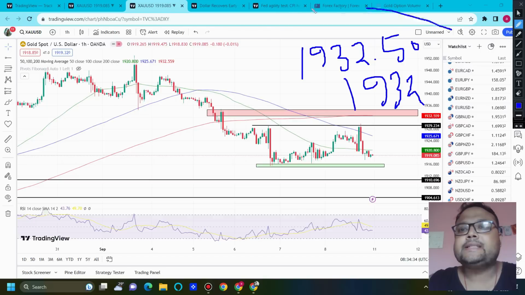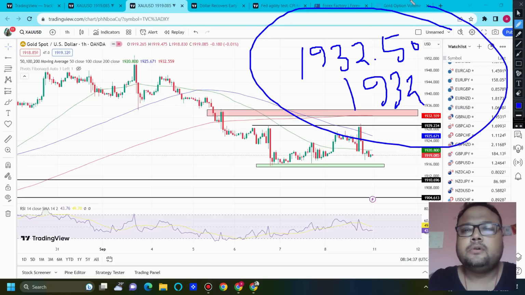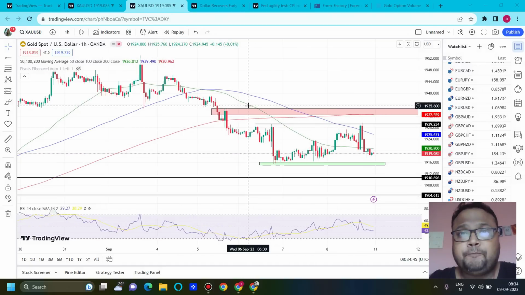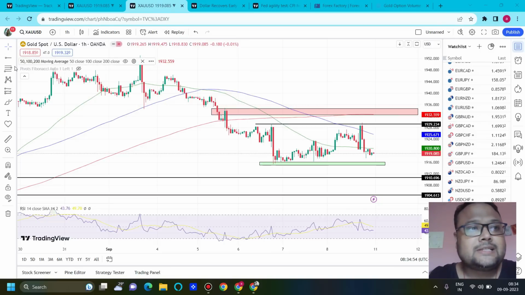This is the next resistance on the chart of gold, and I think 1932.50 to 1934 is the best position to take a sell right now. If not 1934, it can be 1935 as well, because from the contract data we can see that 1935 is posing as the next resistance.